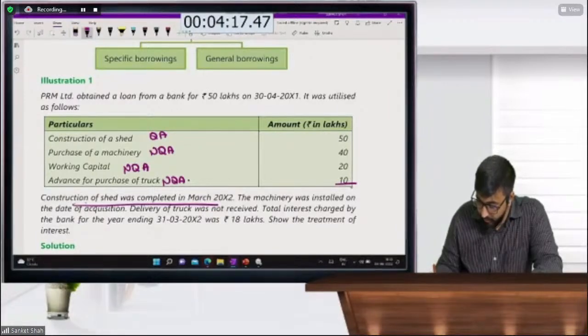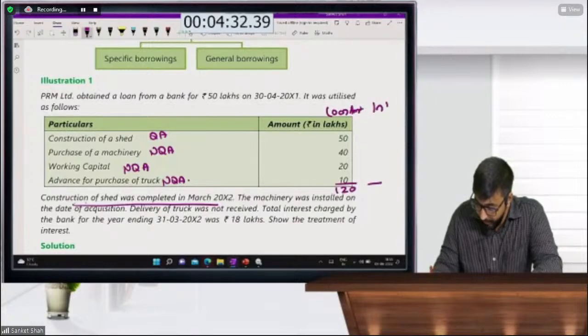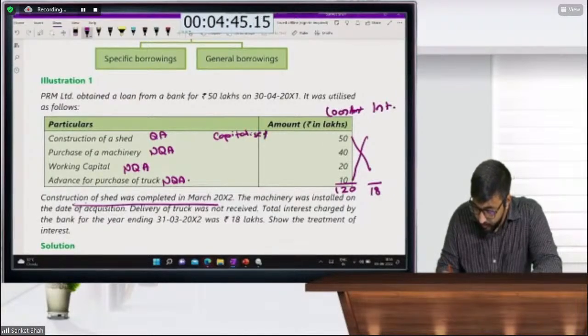Here, total is 120, and this is the loan amount, and your interest is 18 lakhs. So beta, simple cross multiplication. Only this interest is capitalized, and the remaining interest will go to profit and loss account.